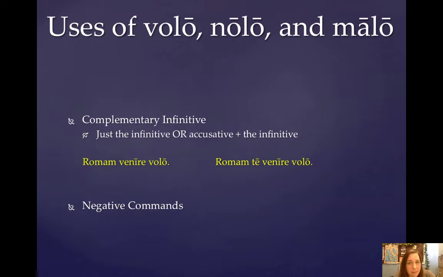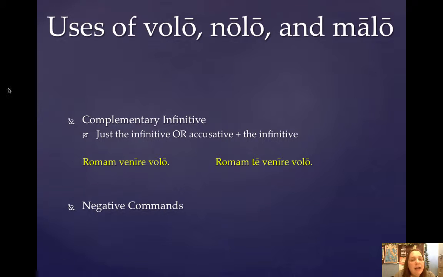Sometimes you're just going to have the complementary infinitive. Sometimes you're going to have an accusative plus the complementary infinitive. Not a big deal. Again, this isn't anything mind-shattering, earth-shaking. It's a little bit more of the same, but I want to draw your attention, and the textbook also wants to draw your attention, to these two common uses.